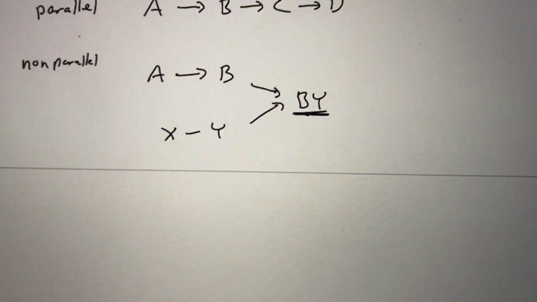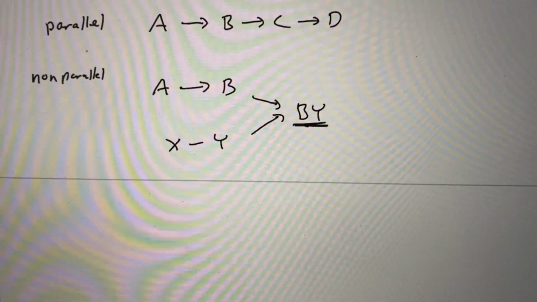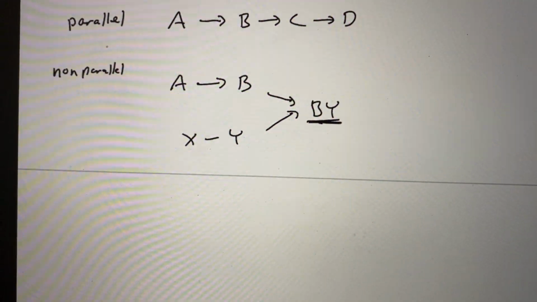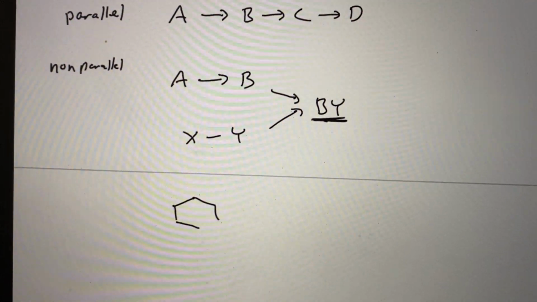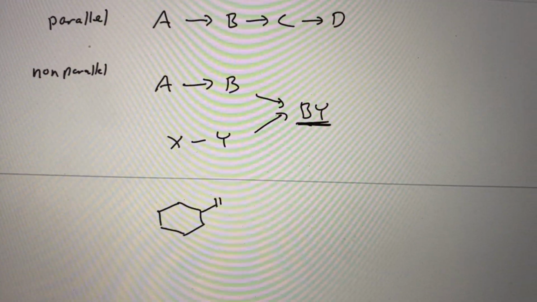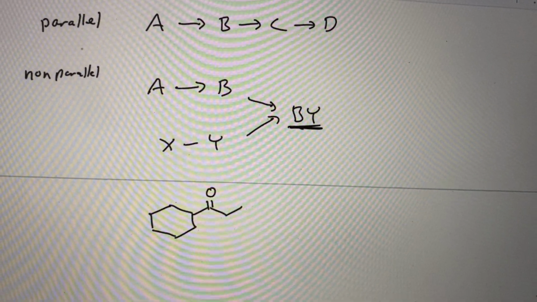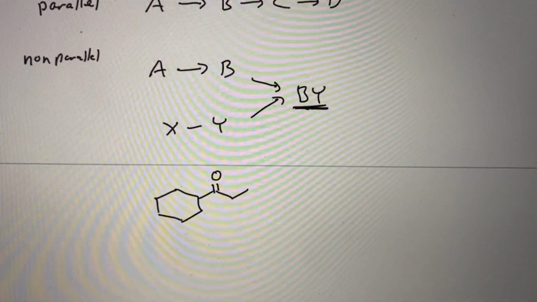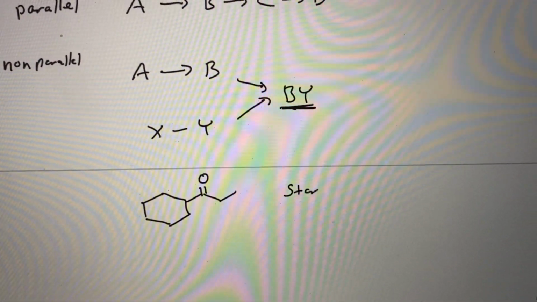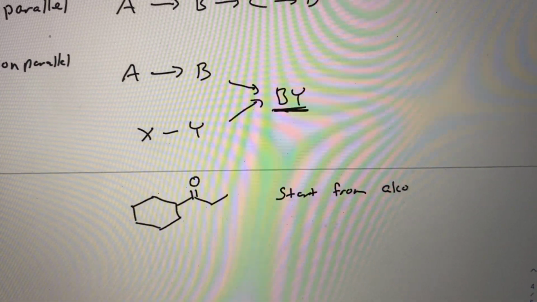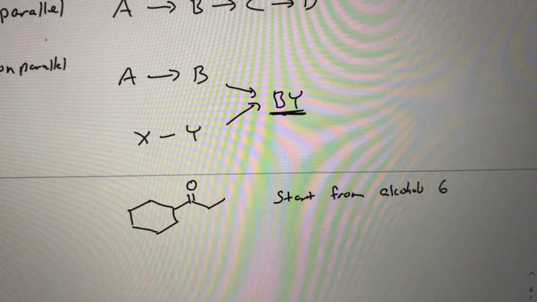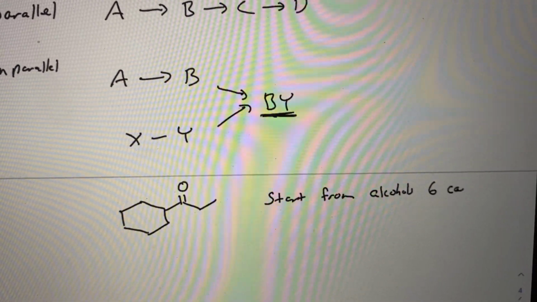So let's use an example hopefully to help clarify. Let's say we need to make this. This is a way you oftentimes see these synthesis problems. We want to make this particular ketone, and there's a limitation on it. We need to start from alcohols 6 carbons or less.